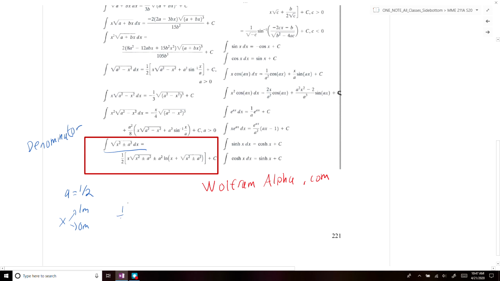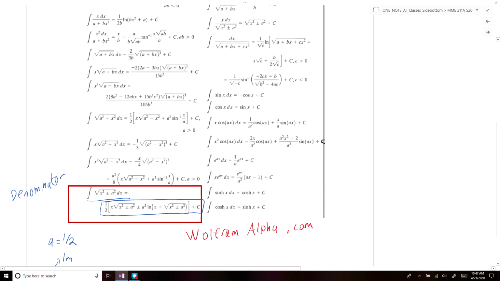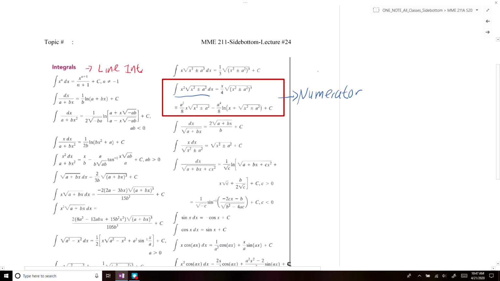So if you plug all this information into these equations, you could solve for the value of this integral here. You did the same thing on the top. You would just plug in a is equal to 1/2, and then you would evaluate x as equal to 1 meter. Then you would evaluate x at 0 meters, and you would subtract the difference between those two to get your answer.